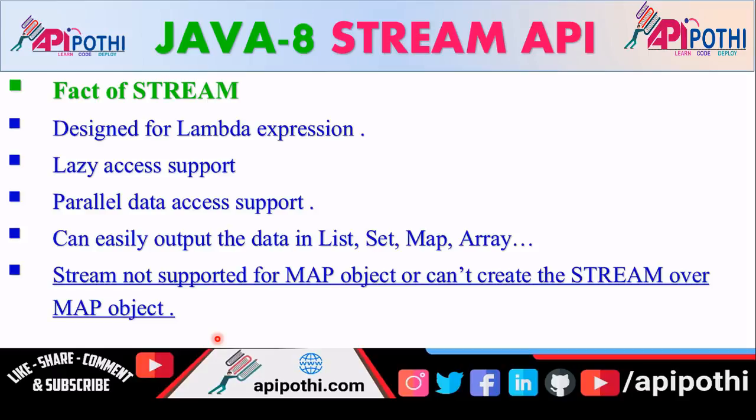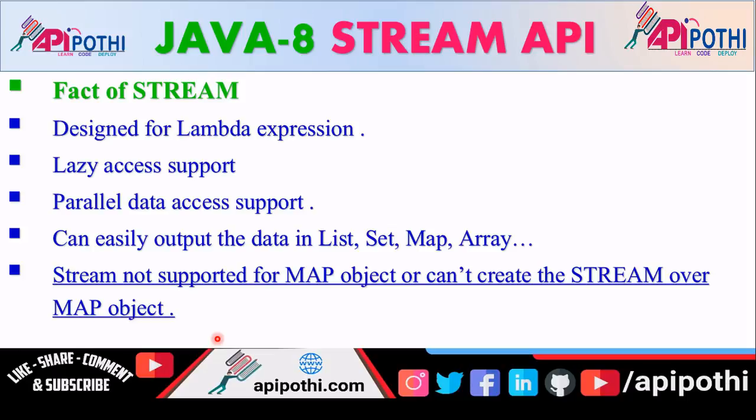Another thing is that Stream API is designed to express lambda expressions. So basically Stream API and lambda expression have a very tight bonding. In that way they are promoting functional programming. Now it supports lazy access, meaning whatever data is needed, only that much we are going to process. If you don't need it, we are not going to process.